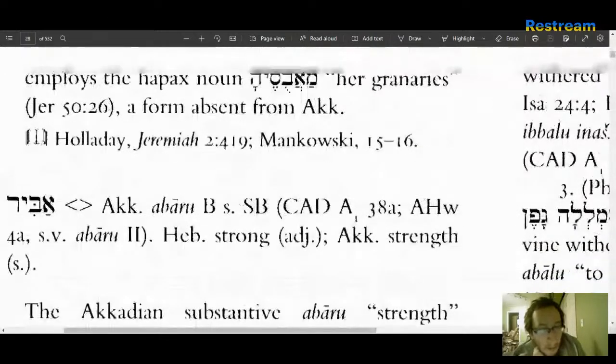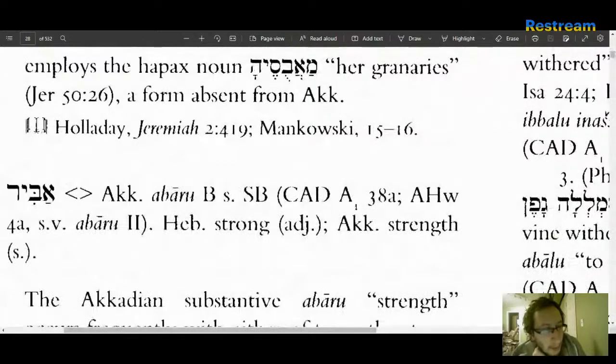Okay, so the next word that occurs would be aber. But before we go to that, let's check out the word in Wiktionary. See if we have anything on Wiktionary.